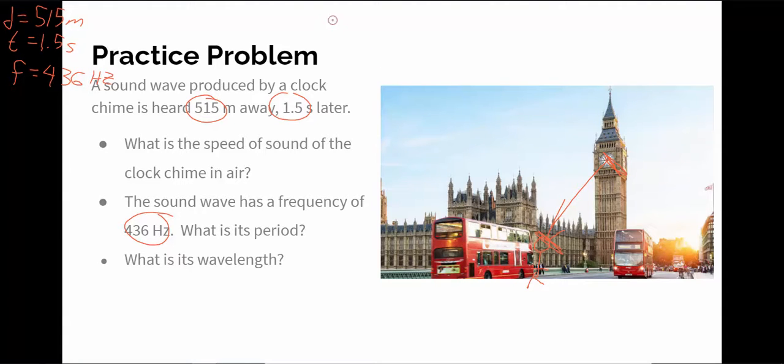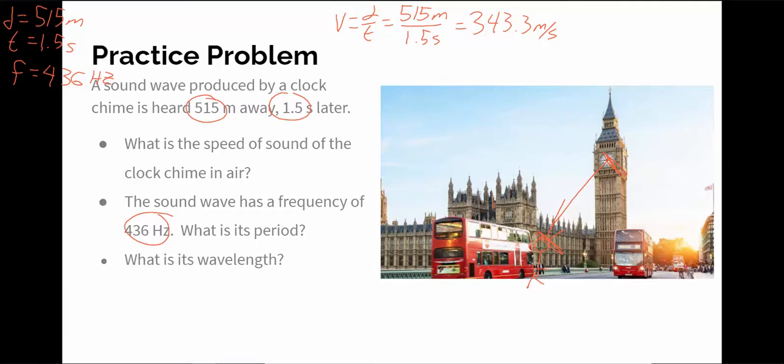Good. So we use our formula V equals distance divided by time. The distance is 515. The time is 1.5 seconds. So you should arrive at an answer of about 343 meters per second. Everybody okay with that?